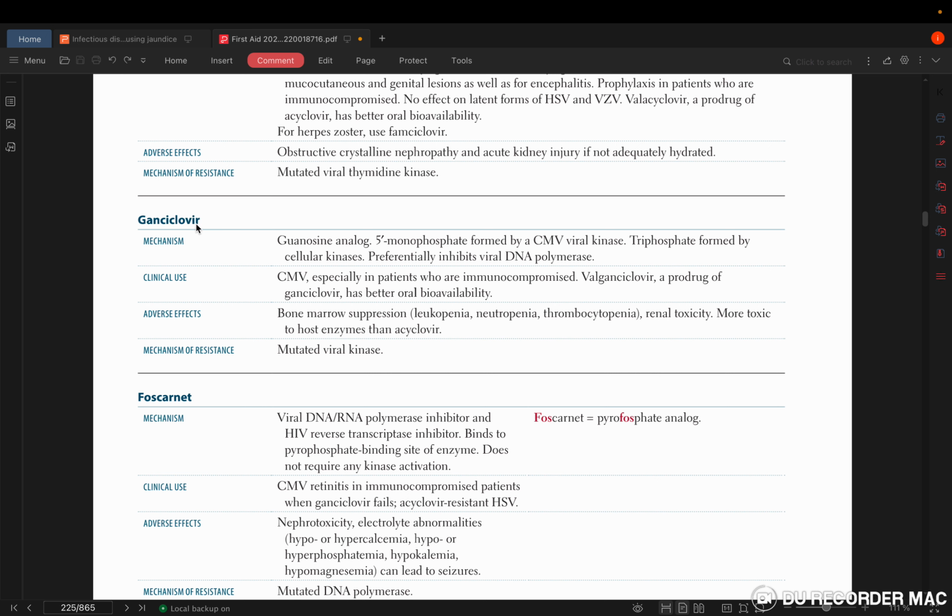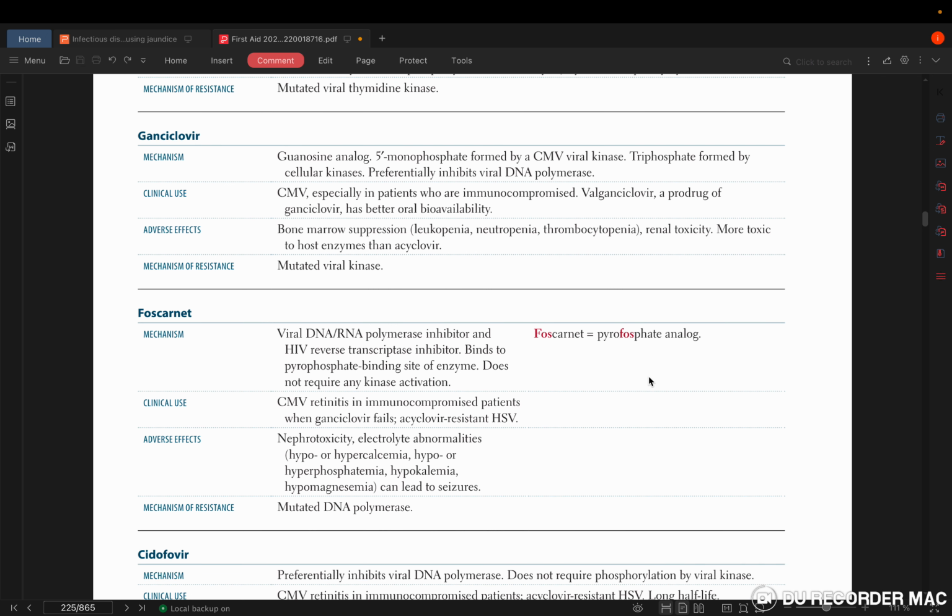The adverse effect of ganciclovir is bone marrow suppression, which can lead to leukopenia, neutropenia, and thrombocytopenia, and renal toxicity as well. So what should we do for this patient to prevent the renal toxicity? Okay, yes, done.